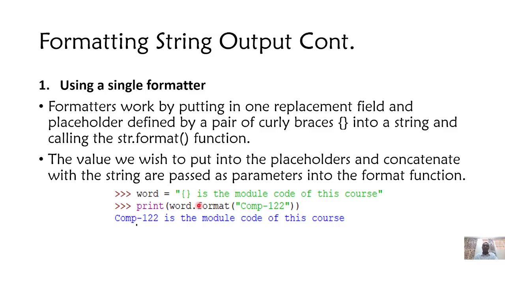We know this is a string, but it has been kept in the variable word. Now we say word.format, and inside this function we've got compu-122. So what will be printed is compu-122 is the module code of this course, as we see printed out here.